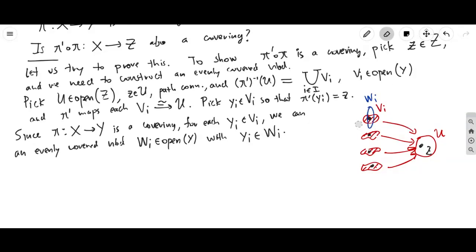And now the point is, by the shrinking lemma, if you have an evenly covered neighborhood, you can always replace it by something smaller.